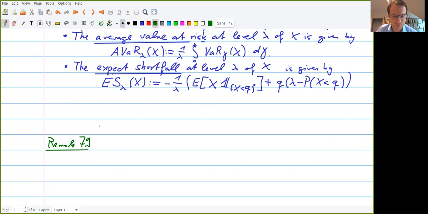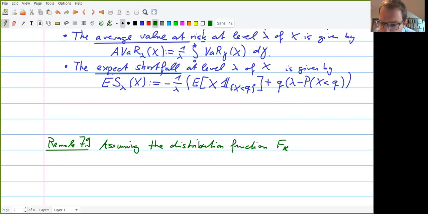So this is the remark 7.9. If you assume, but we are not assuming this in general, we're just assuming this for the remark here, that the distribution function F of X is continuous, right?